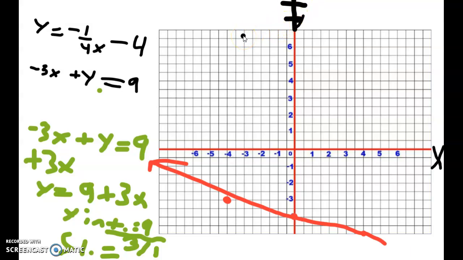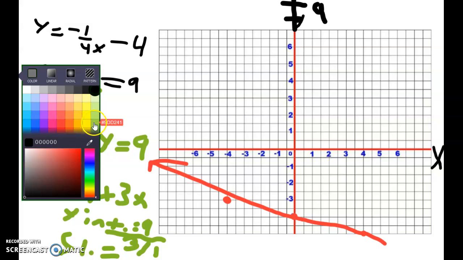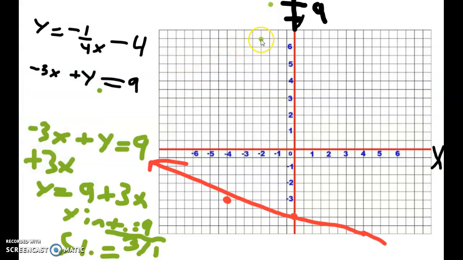So what we're going to get here is, since this is 9, we can put our green dot at 9, which would actually be right here.